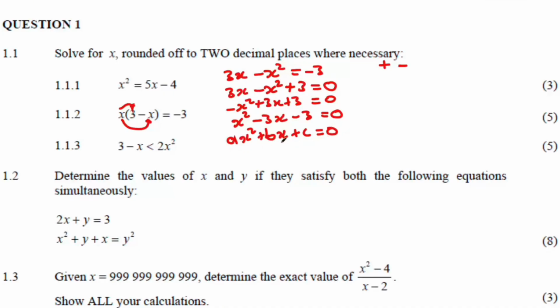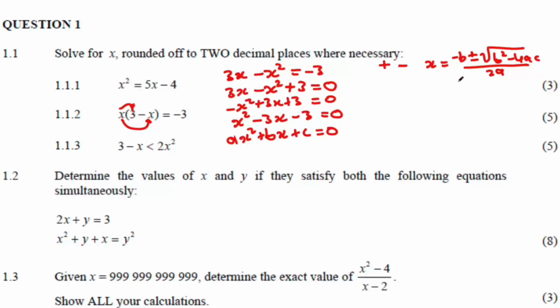So if we have something that looks like this, we can always get our answer, which looks like this: negative b, plus or minus the square root of b squared minus 4ac, divided by 2a. I think I'm correct. I stand to be corrected, but I think that is the equation. So it's called the quadratic equation.